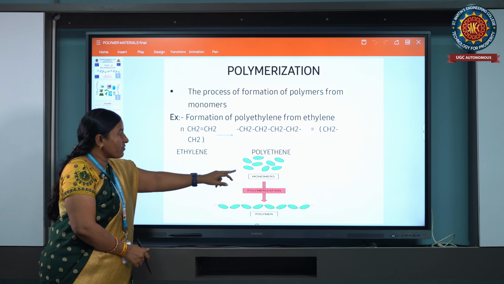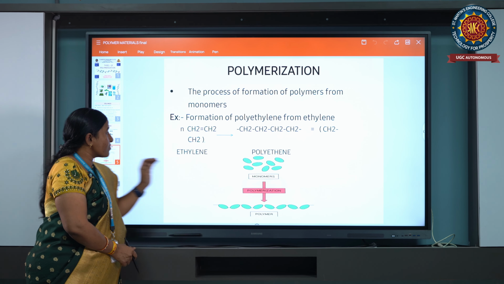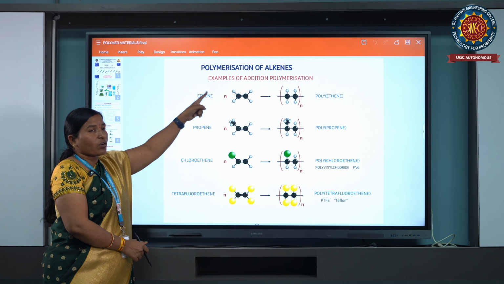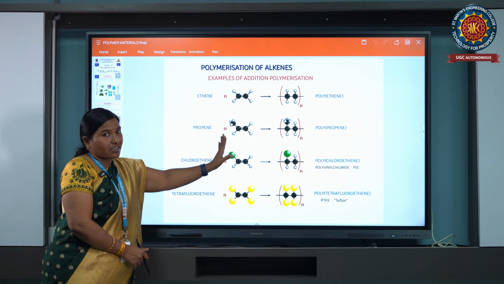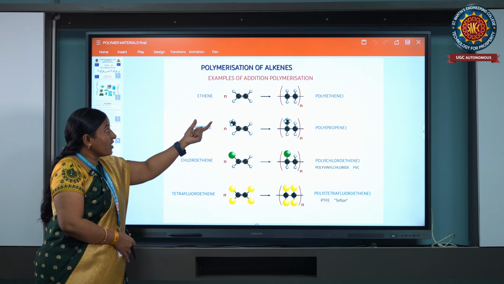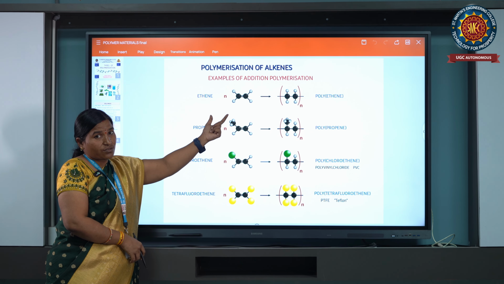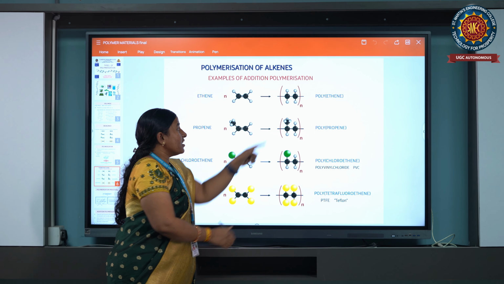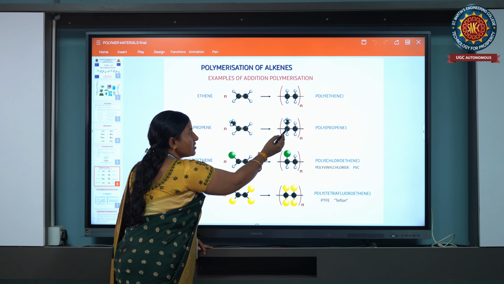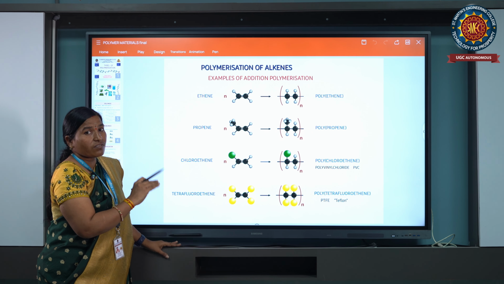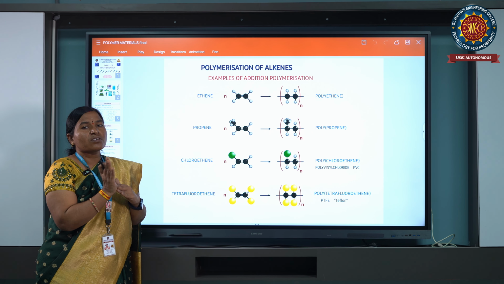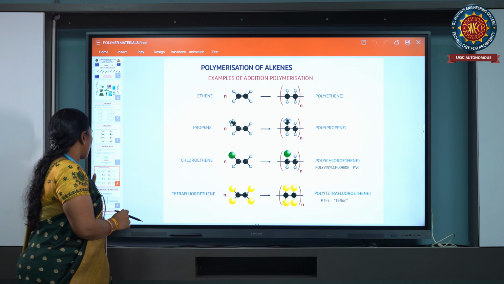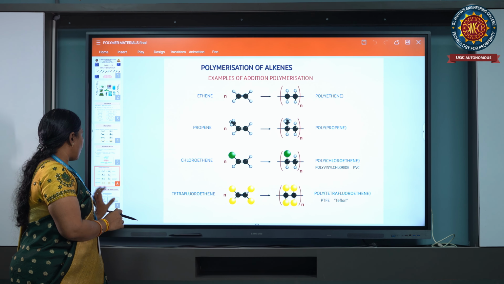Here is one example, and another is a polymer of different alkenes. Observe that we have unsaturation initially in the monomer. After that, we can't see the unsaturation, because the double bond is converted into a single bond.